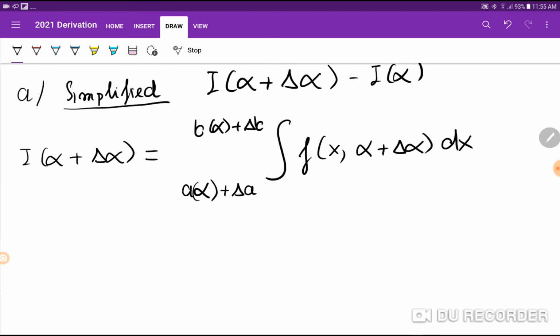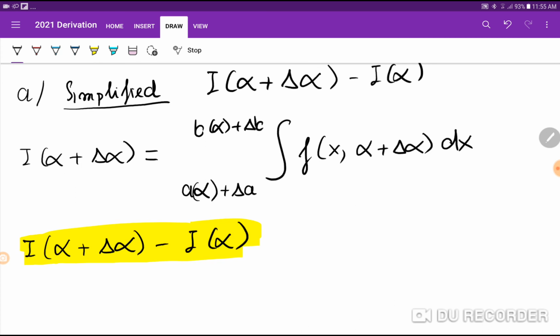Cool. So I(alpha plus delta alpha) minus I(alpha). I'm gonna highlight this because this is our main goal right here. What is it equal to? It equals the integral from a(alpha plus delta a) to b(alpha plus delta b) of f(x, alpha plus delta alpha) dx. I'm just gonna copy this term down because I already determined it right here.